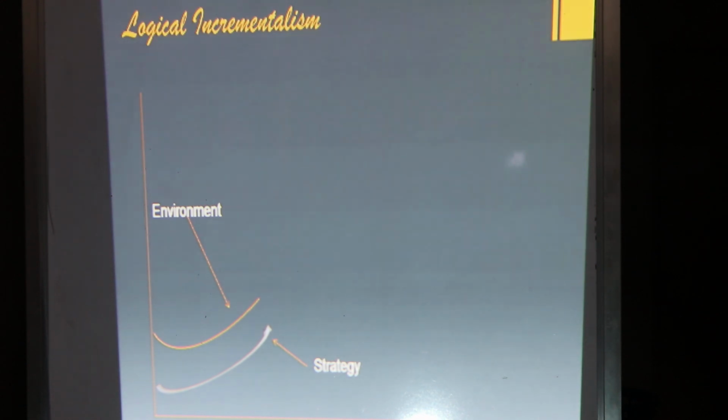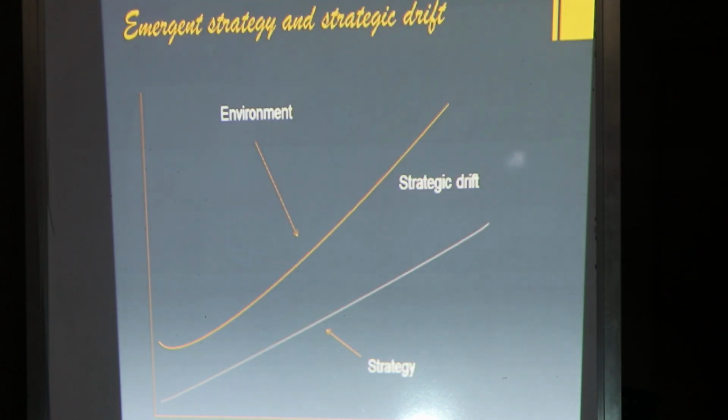At the beginning of the engagement, the environment and the strategy are aligned. But because of those thinking biases, as time goes on, we develop a gap or what is called strategic drift. So the strategy moves away from what is actually happening. So, what's important is to be aware of these thinking biases in order to minimize the adverse impact.